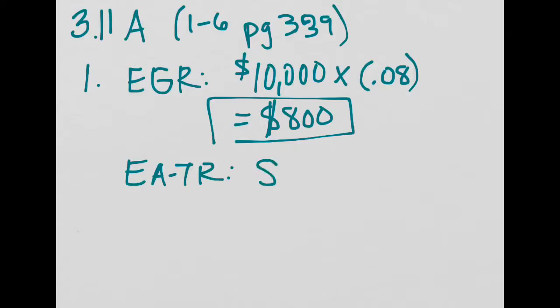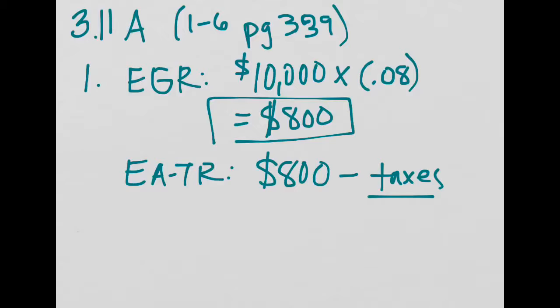So we're going to need to start with $800, and we're going to subtract the amount of taxes, but we don't know the amount of taxes quite yet. What we're given is a marginal tax rate, and we also have that as a percent, and we will need to turn it into a decimal.